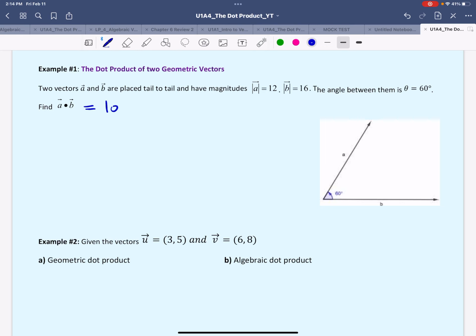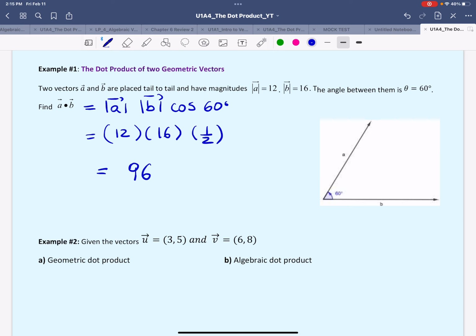So we'll say that's magnitude of A, magnitude of B, and then cosine of 60. So substitute A, which is 12, and B, which is 16, and cos 60, which is 1/2, and then we get the value of 96 units. So we'll say that the dot product of these two geometric vectors will be 96 units.